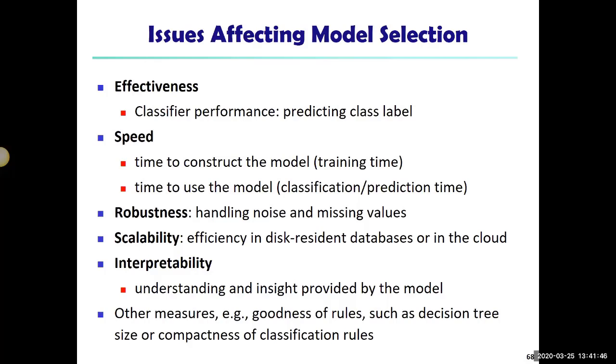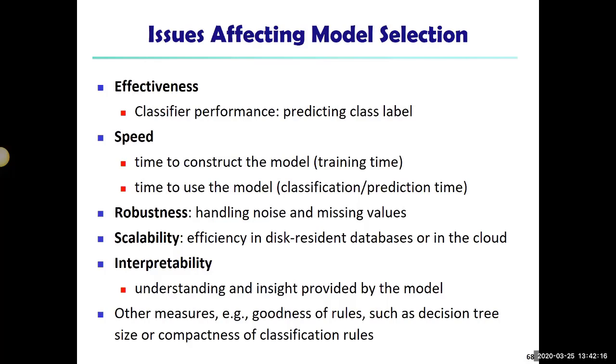Scalability: how does the system scale with a larger amount of data? Interpretability: understanding the insight provided by the model, in relation to data ethics. When we use big data to predict something that is going to affect a human being's life, interpretability becomes a major issue.